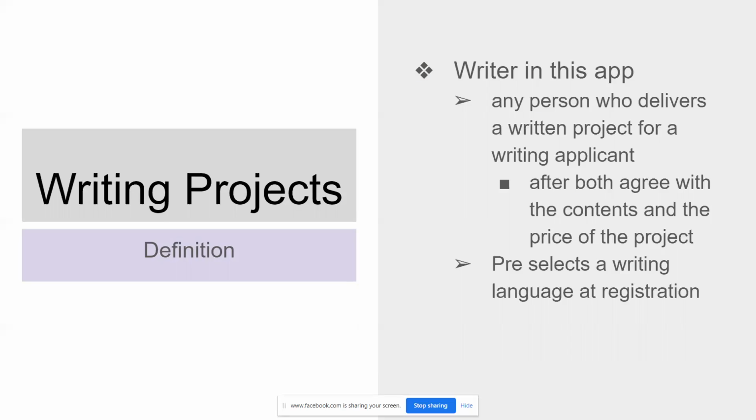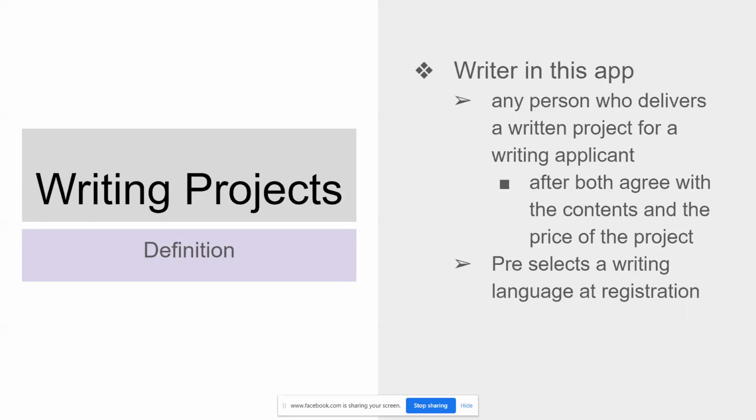What is the writing section? A writer in this app is any person who delivers a written project for a writing applicant. A writer is not only a teacher, not only a student, anybody who has writing talent can post himself as a writer, selecting what kind of writing he likes, and he can do that.